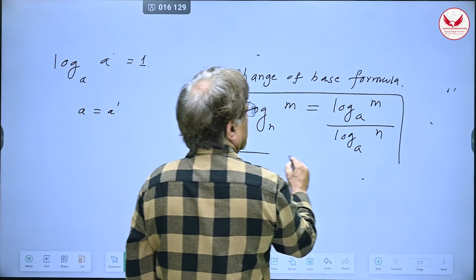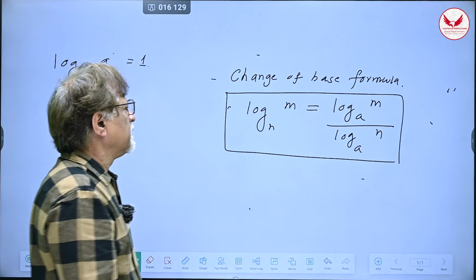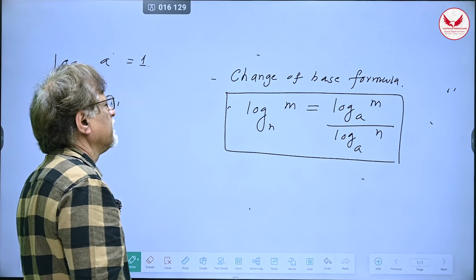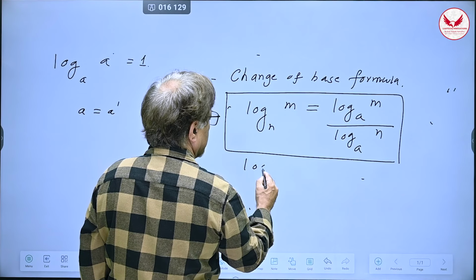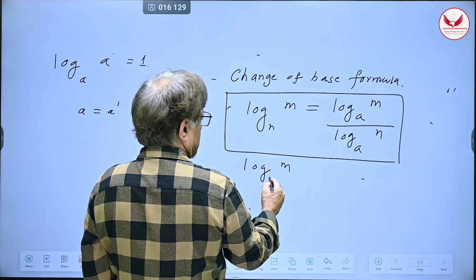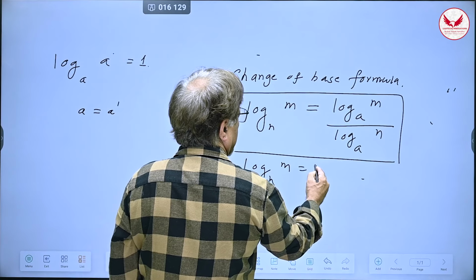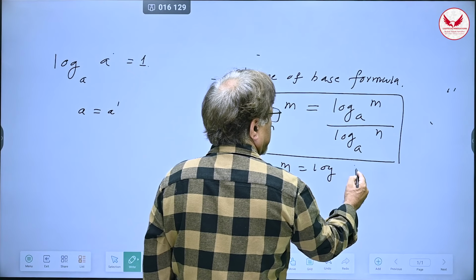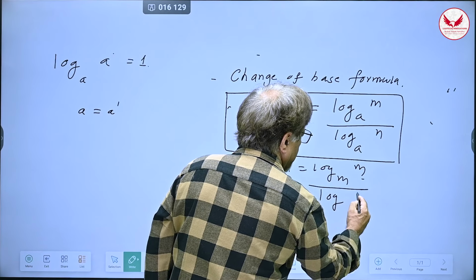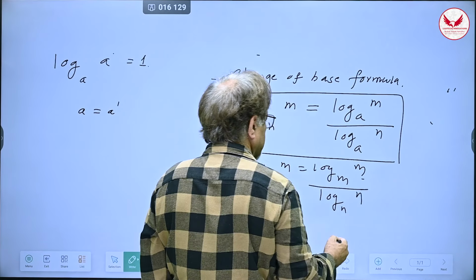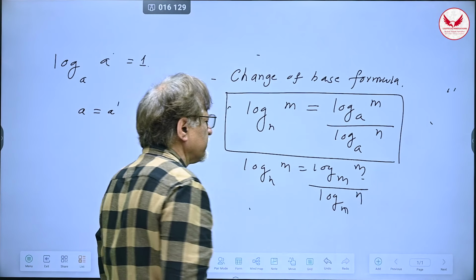One special case of this is very, very important, right? Log of m to the base n. If I change the base to m itself, what will happen? So log of m to the base n can be written as log of m to the base m divided by log of n to the base m, correct?